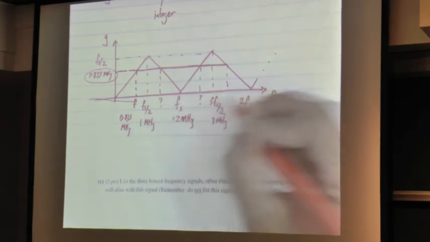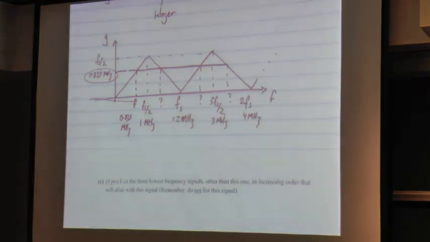Those 3 question marks will be the 3 other frequencies that alias to 0.833 megahertz. So we've got to determine these.